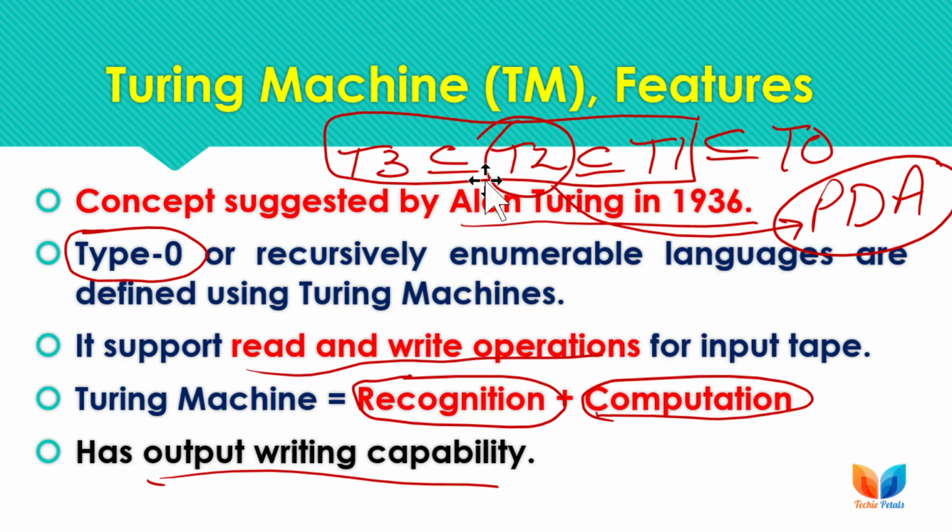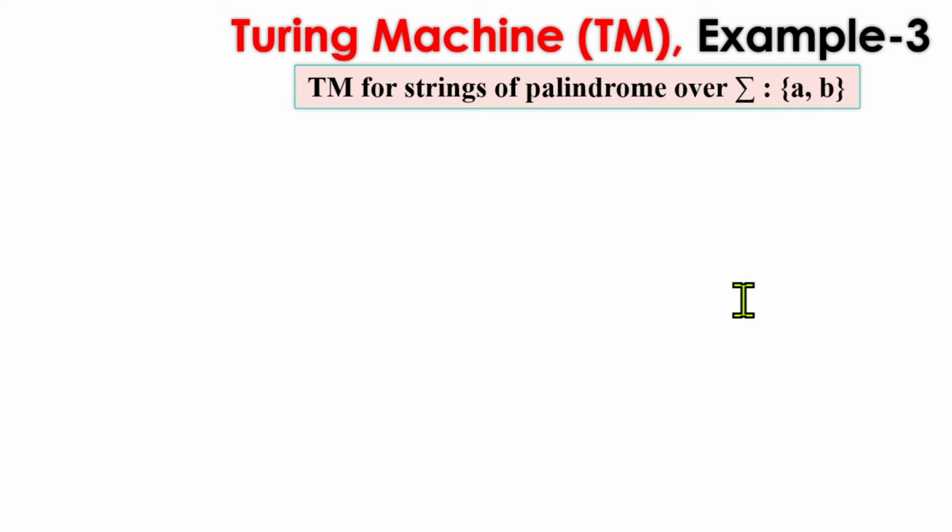As the type 2 category can be recognized by PDA as well as by type 0 machines, let's check how a Turing machine can help to check the palindrome for a given string. So let's start with the example. Here we have to construct a Turing machine for the strings of palindrome over the input symbols A and B.